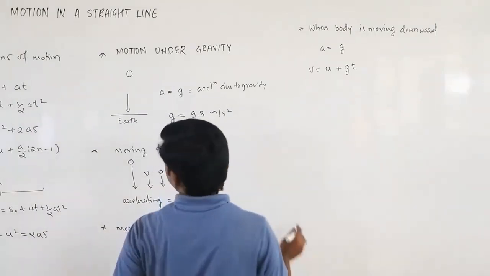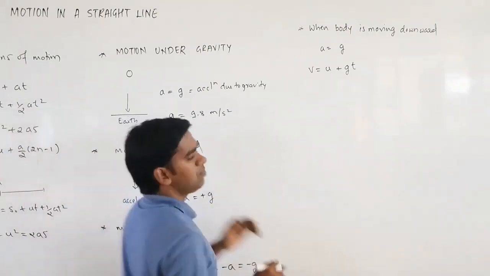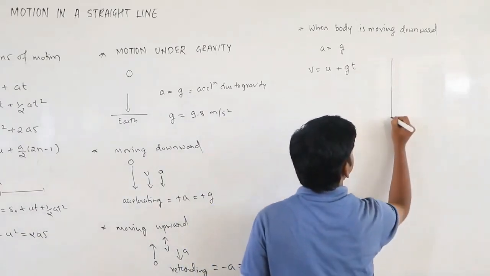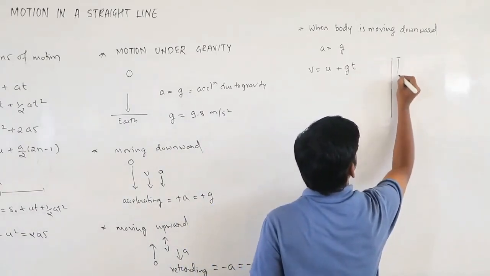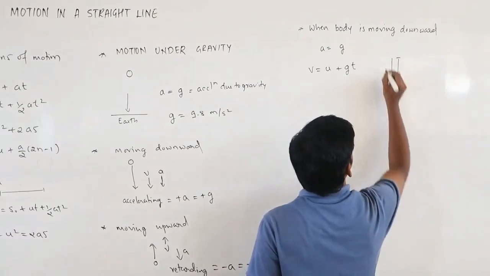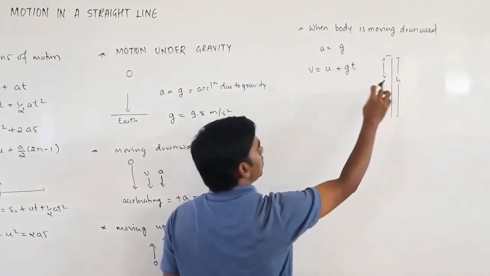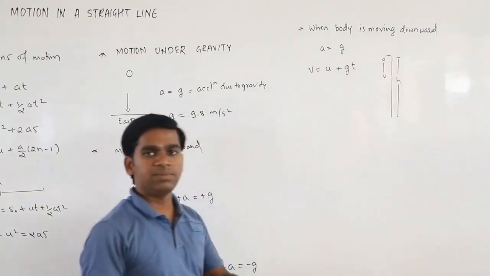Okay. For the second equation, here we will take the distance. But now here you have to take it as height h. That means from here you are throwing the ball downward. So distance will become height now.